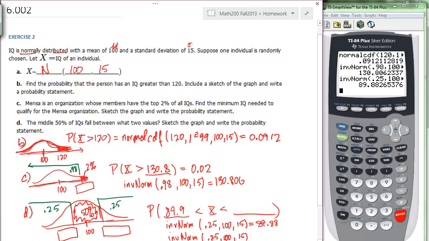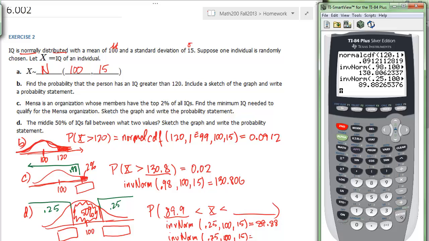For our upper limit, the same command again, second function and enter. And then I'm just going to change the 2 to a 7 to make a 75% area on the left. Then enter.